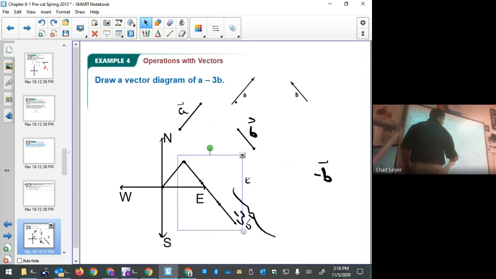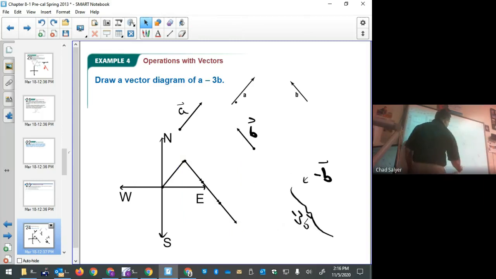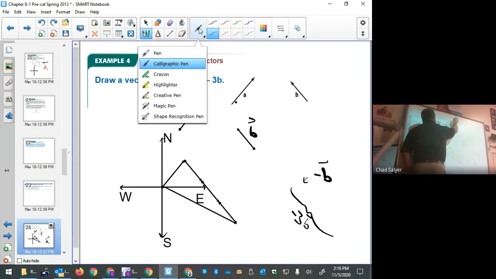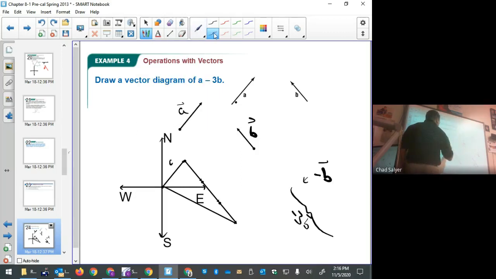If I take those 3 and go tip to tail with the other vector, I now have A minus 3B, purely geometric from here. So this is A, this is minus 3B. And this is A minus 3B.